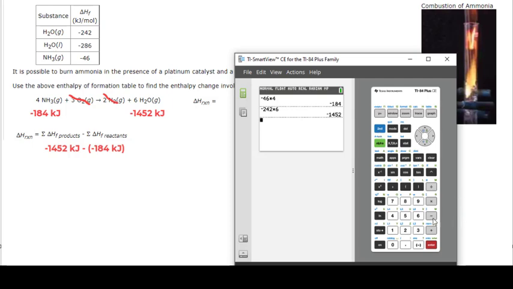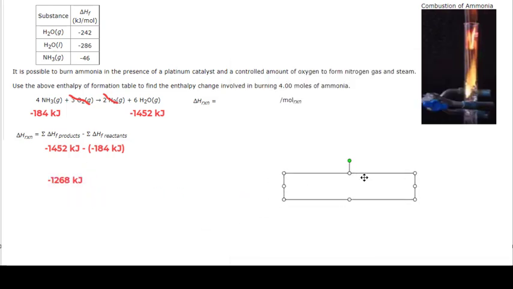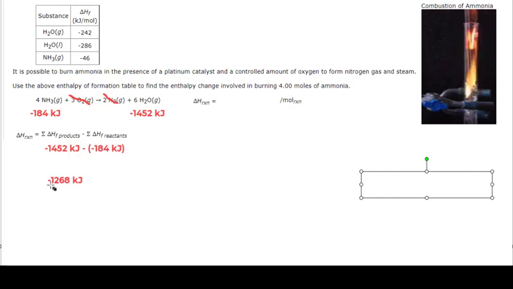And basically I can just subtract that last answer, and I'll use that negative 184 and get our final answer, negative 1268. Probably, I would say that our honest answer would be negative 1270 kilojoules, but it'll be acceptable in this.